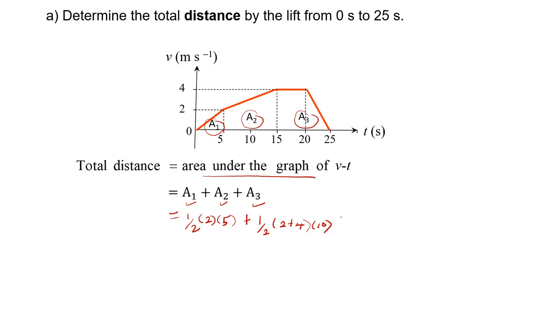And area 3: 1/2 multiply 5 plus 5 plus 10, multiply 4. And then we calculate, we get total distance 65 meters.